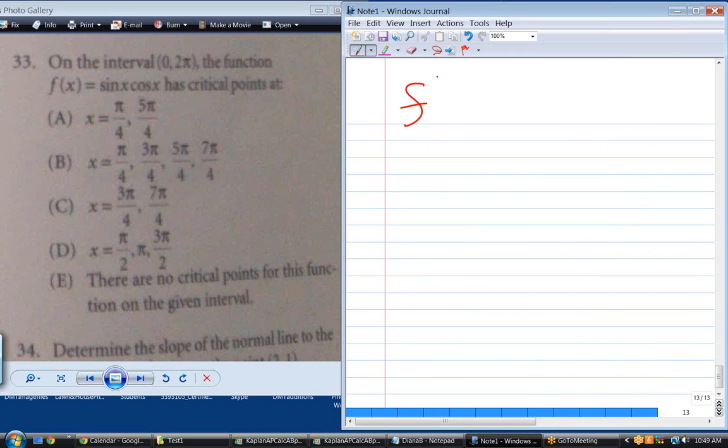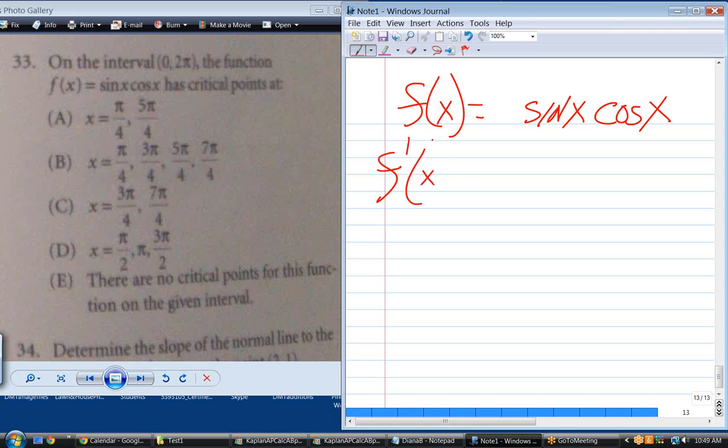So if f of x is equal to sine x cosine x, what is f prime of x equal to? What rule are we going to use here? The product rule. Okay, so what do we have?